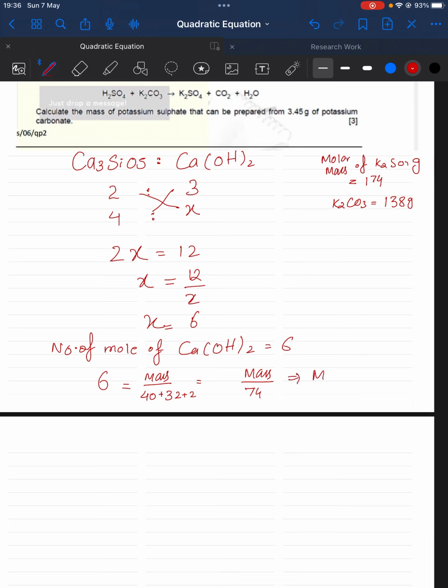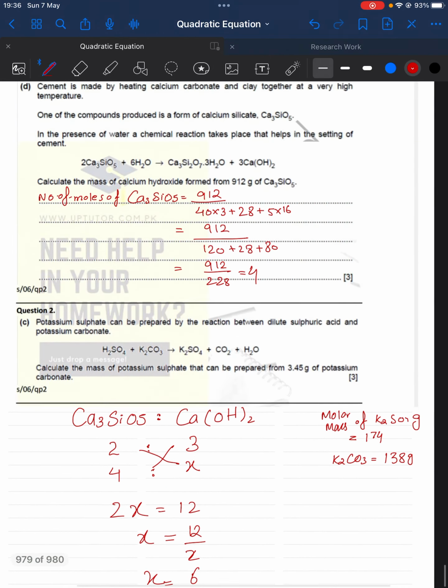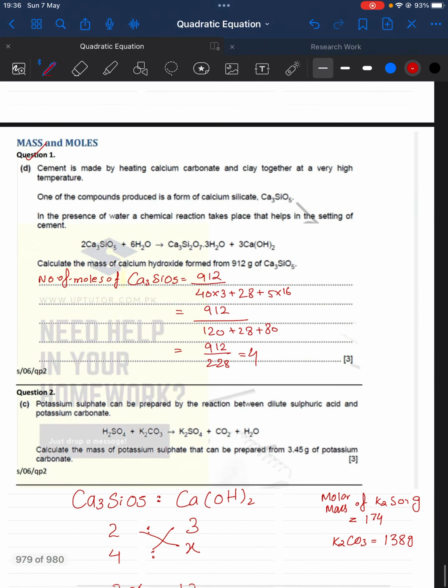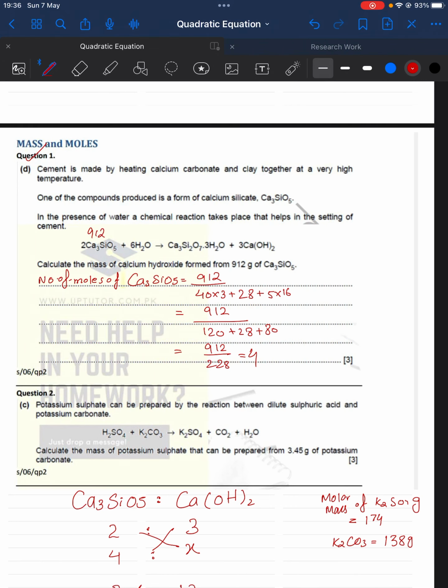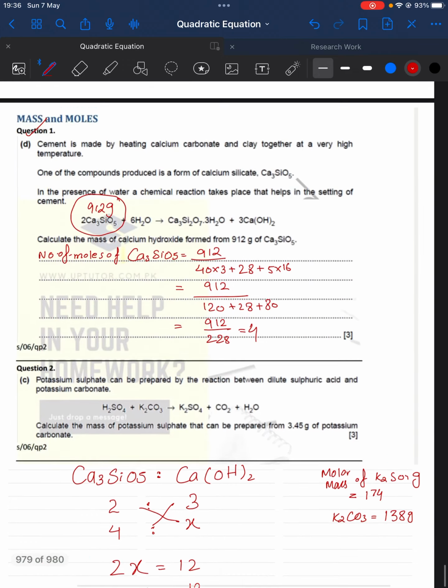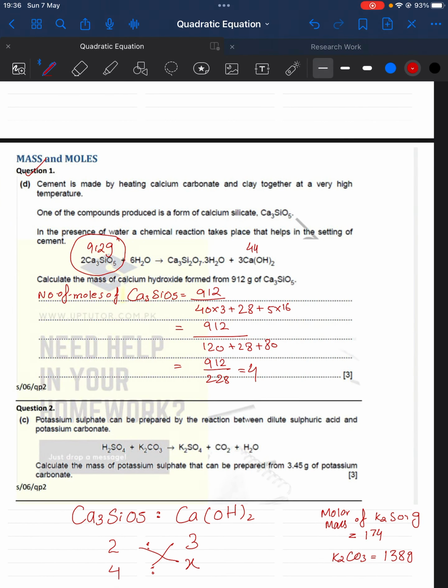So mass will be equal to 74 multiplied by 6, 74 into 6, which will give us 444 gram. So this is the answer of the question. According to this answer, if we have 912 gram of calcium silicate, then 444 gram of calcium hydroxide will be produced.